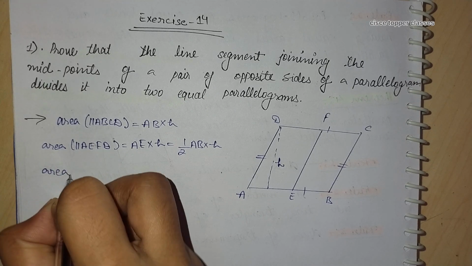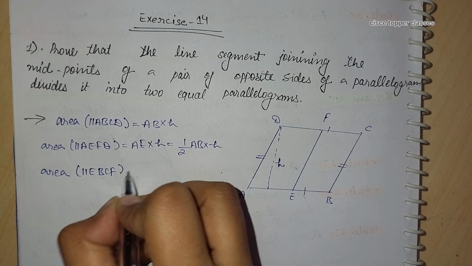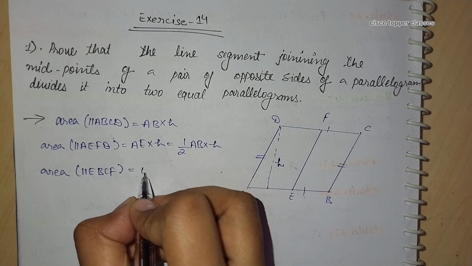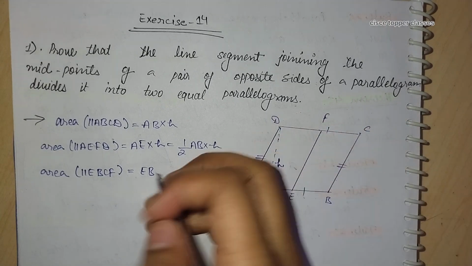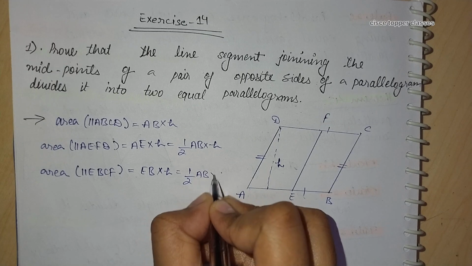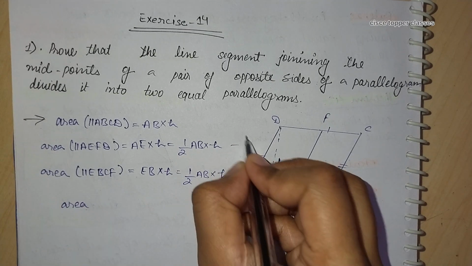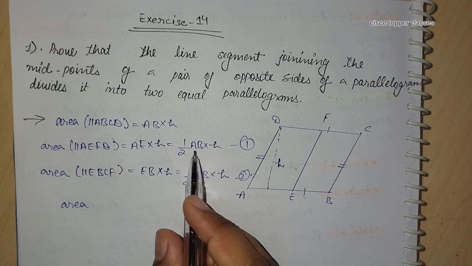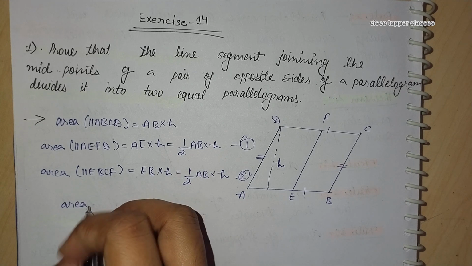Now we have to find the area of EBCF. We can write it as EB, because EB is half of AB, and again H is the altitude of both parallelograms, so this will be H only, and this we can write as half AB into H. So simply from 1 and 2, the area of parallelogram AEFD and the area of parallelogram EBCF are equal.